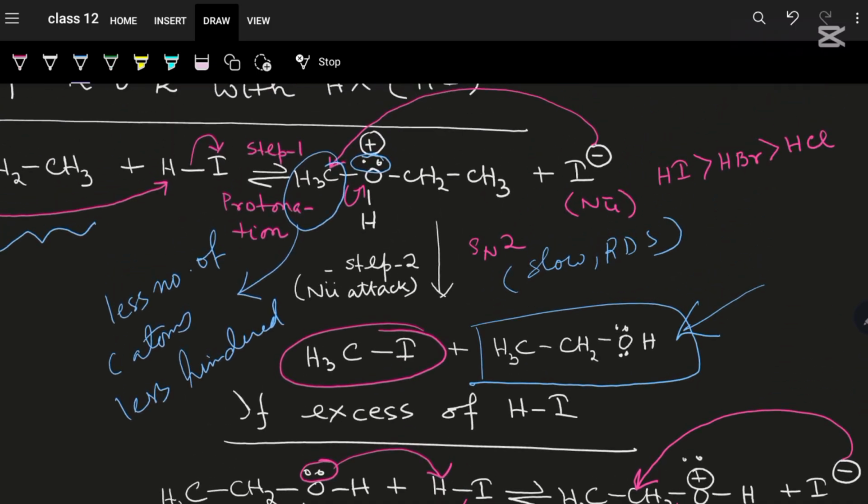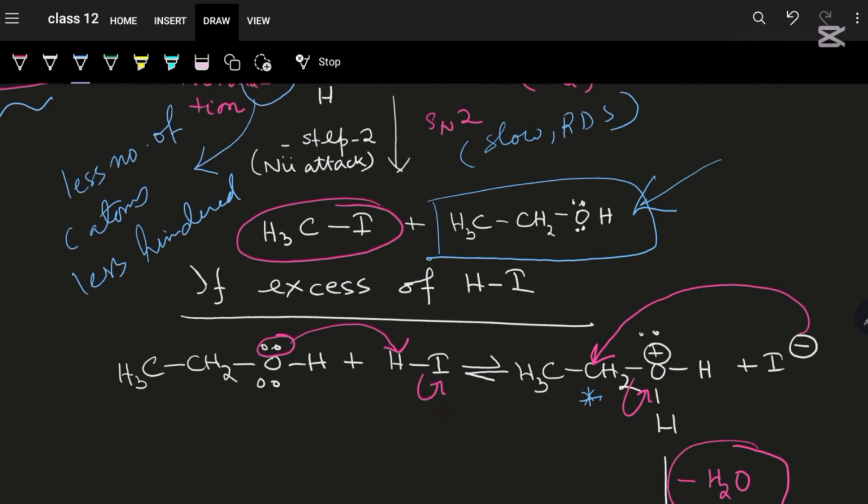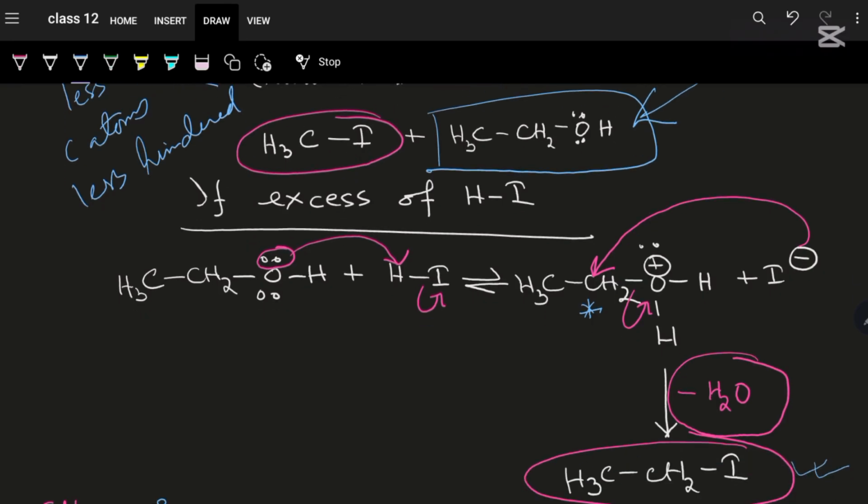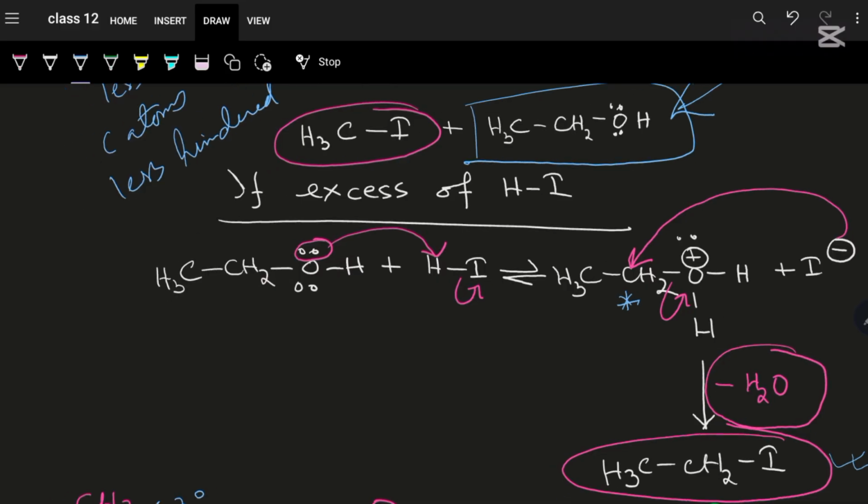The alkyl halide is the one with fewer carbon atoms, which is less hindered, and the other one is alcohol. If excess of HI is there, then the alcohol gets protonated and dehydrated, followed by the attack of the nucleophile I minus. So this is the final product.